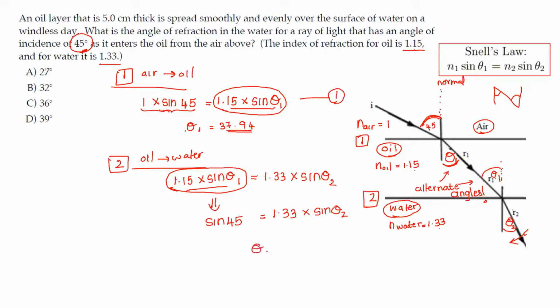So we need to find theta 2. Theta 2 is sine inverse sine 45 divided by 1.33. If you do this, you get the answer 32.11. So the answer is B.